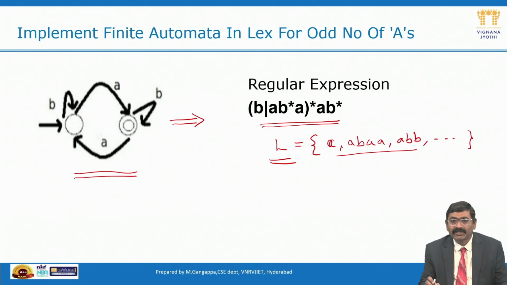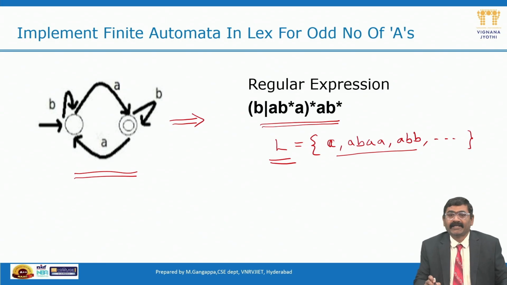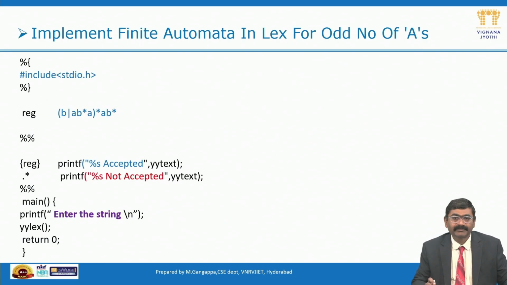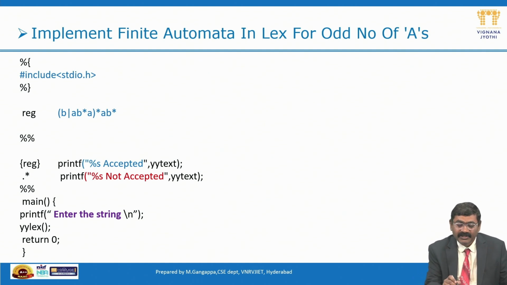In order to write a LEX program for this, let us see how to write it. LEX program for recognizing the odd number of A's. First step is the declaration section. In the declaration section, we can declare the header files, #include stdio.h, and after that we should declare the variable reg.